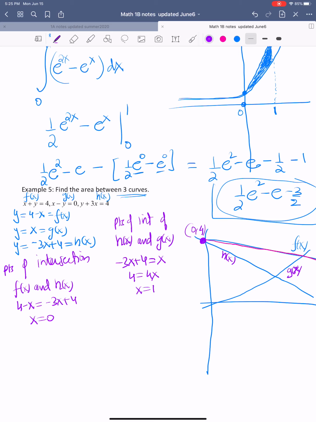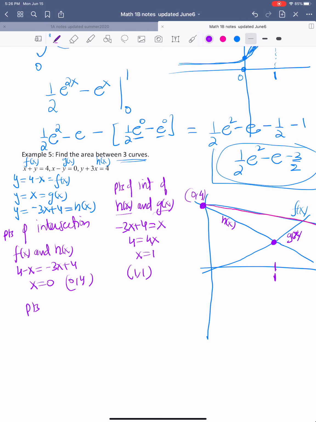We can plug x equals 1 into either of these two curves, and we see their point of intersection is 1, 1. H of x and g of x meet at 1, 1. So this is the 1, 1 point where these two meet. Next, I need the points of intersection of, I did h of x, g of x, I did f of x, h of x.